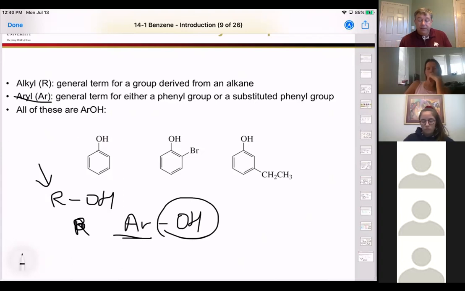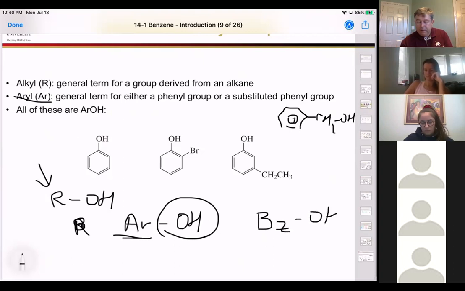Now, one thing that's not on this slide, but it is in the book, is that if you have something bonded to a benzyl group, where you had a CH2OH, that's called the BZ as the generalized term for the benzyl group, okay?